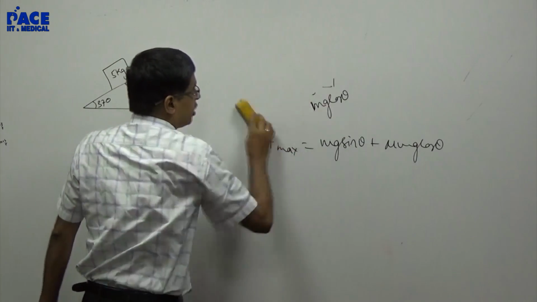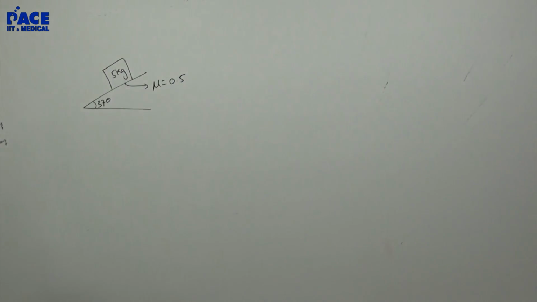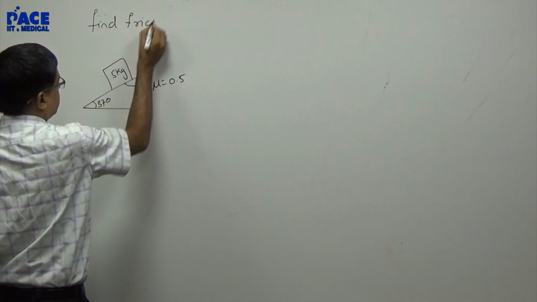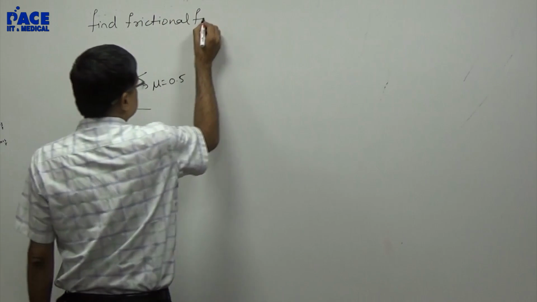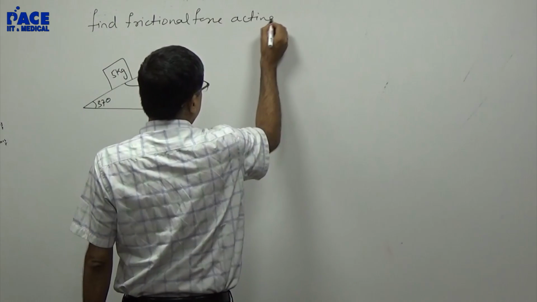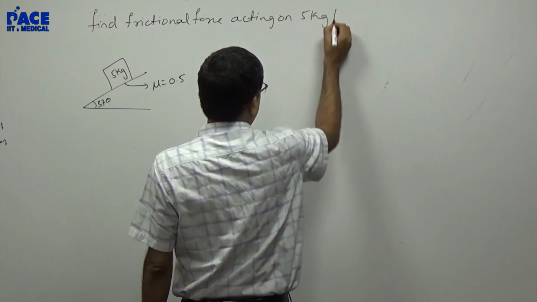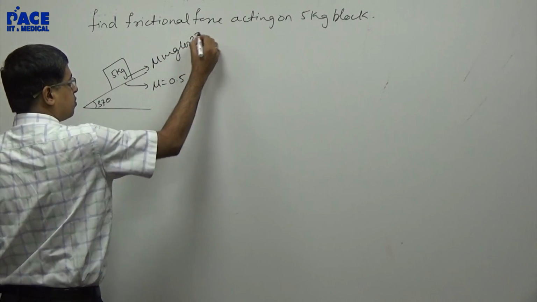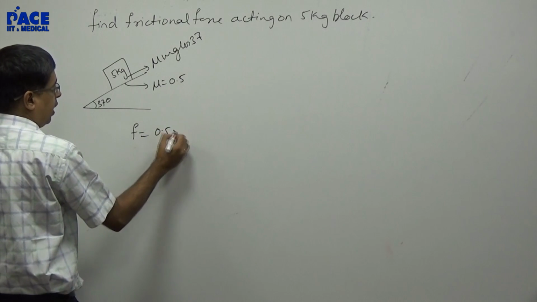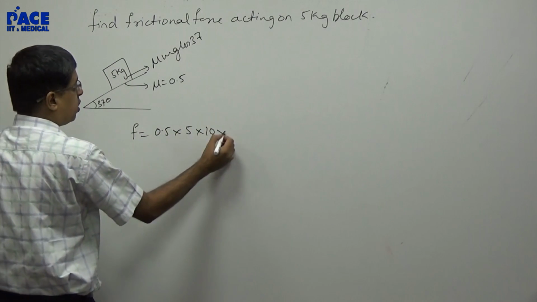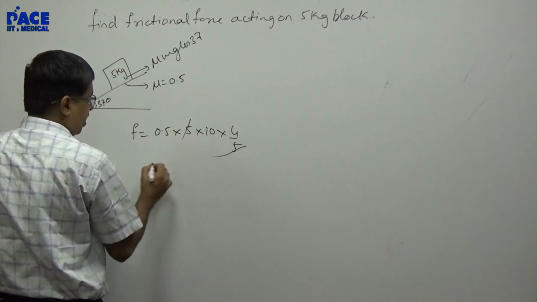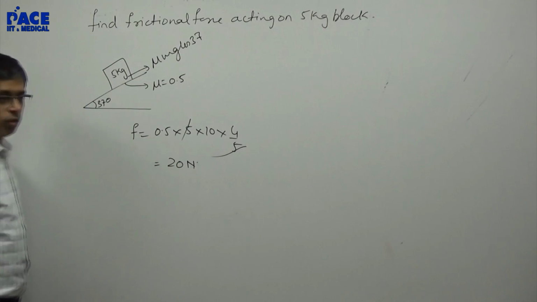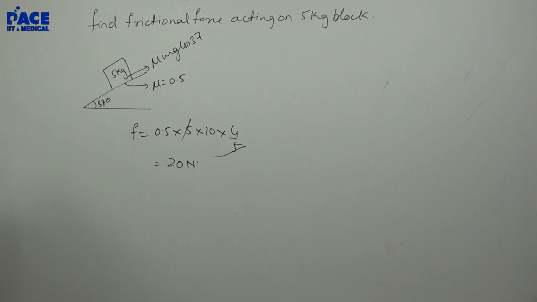Find the frictional force acting on the 5 kg block. How much is this? Mu mg cos 37. 0.5 into 5 into 10 into cos 37, which is 4 by 5. That is 20 Newton. Agreed?